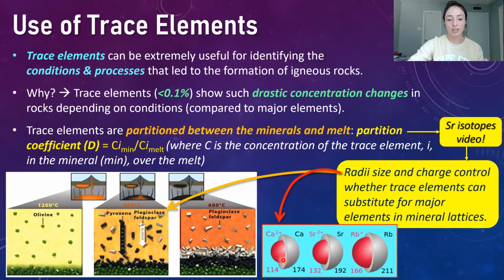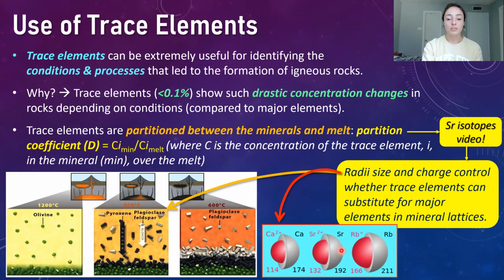For example, if we look down here at the calcium 2+ ion, we can see that this is obviously a major element in igneous rocks, and if it's present in the magma and present in the forming crystal lattices, maybe some of those sites where the calcium ions want to fit into the forming crystal lattice can be substituted with different ions of similar size and similar charge.